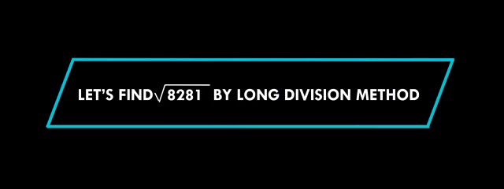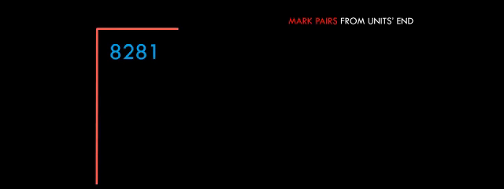Let's find the square root of 8281 by long division method. First, we will mark pairs from unit's end, like this.